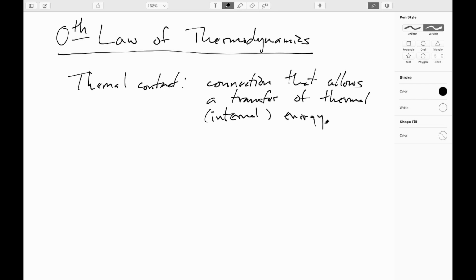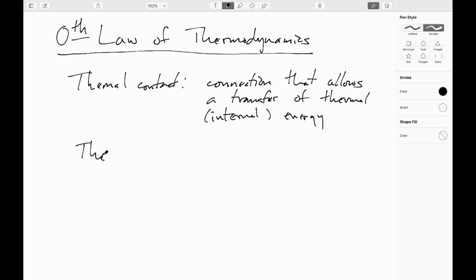This is usually going to be direct contact in most practical applications, but other things are possible. For instance, if you're in deep space, you could just put two objects near each other and let them very slowly radiate light at each other because of their heat. That would be a method of thermal contact. Not a very efficient one, but it would be a method of thermal contact. But usually we're envisioning direct contact here.